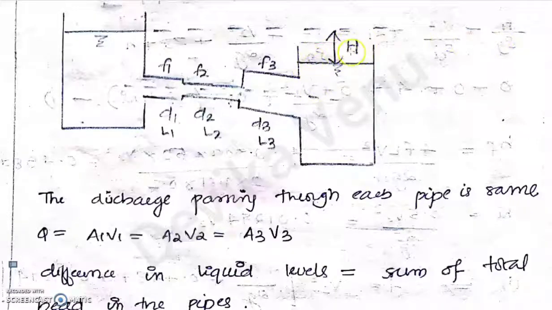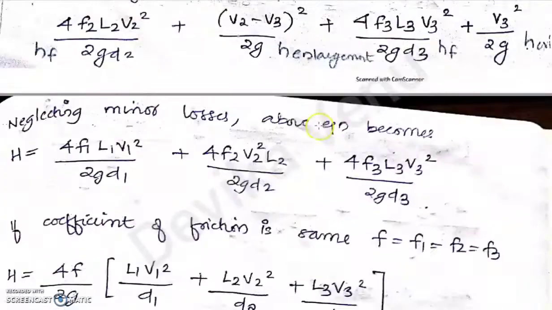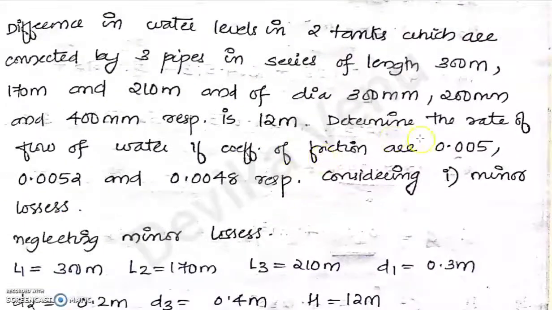Capital H is given as 12 meters, and here f1, f2, f3 are given, D1, D2, D3 given, L1, L2, L3 given. So this is the same thing. And you have to see where D1 is.